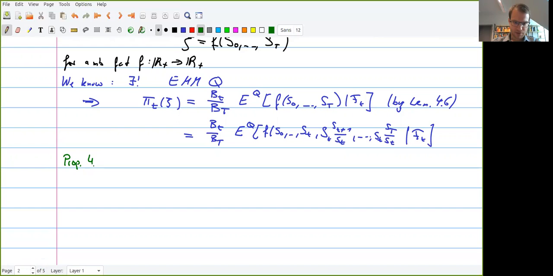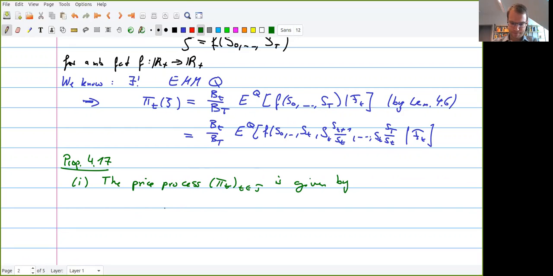Let me give you the first part of Proposition 4.17, which tells you the price process, you see here, is given by the discounting factor times a function depending on time and the prices up to time t.